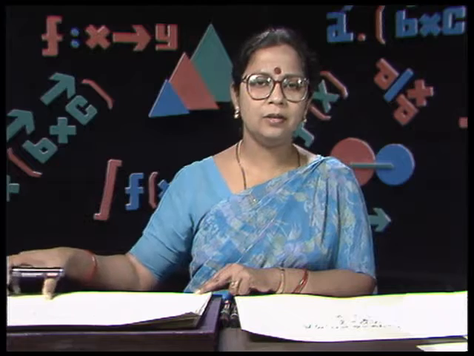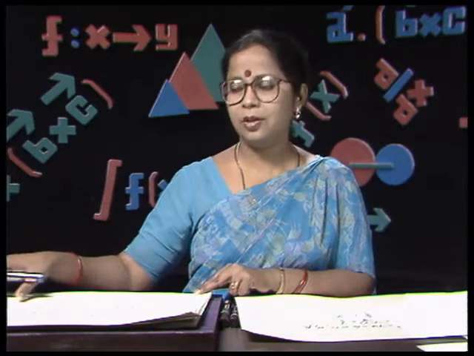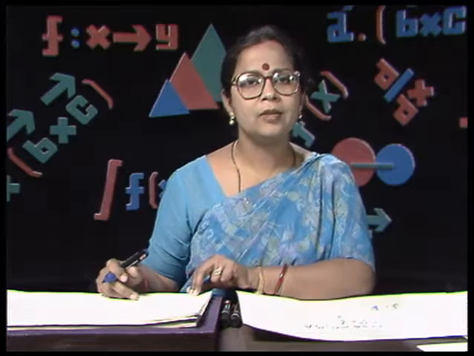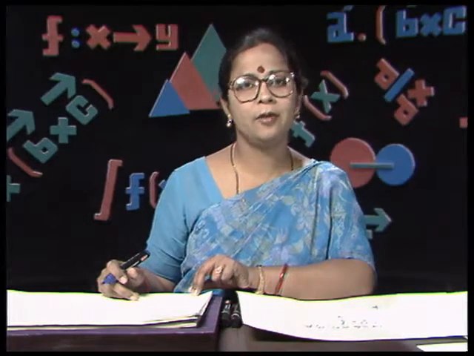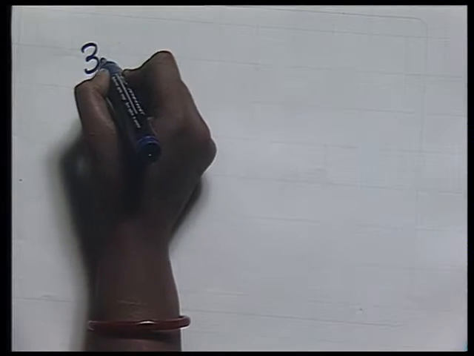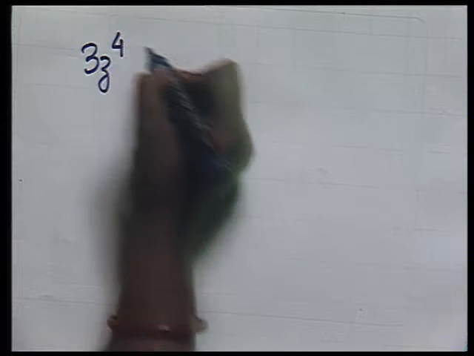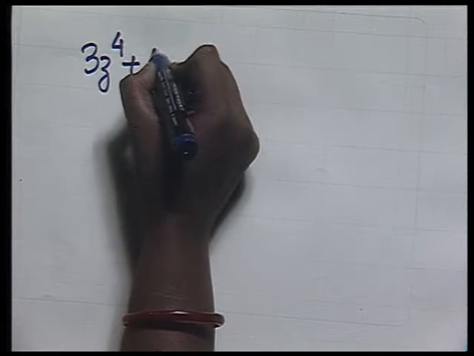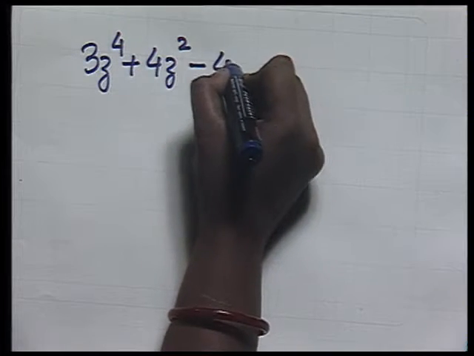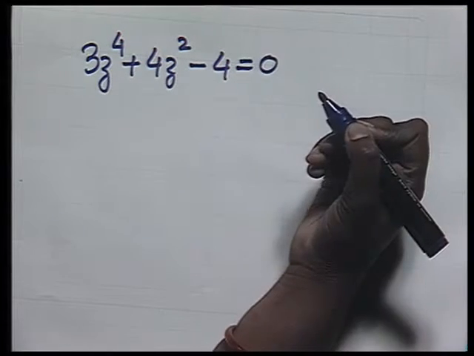Thus, we found that given one equation, we can construct another equation whose roots are related to the roots of the given equation. Now, sometimes we come across equations which are not of quadratic form. For example, 3z raised to the power 4 plus 4z square minus 4 equal to 0.